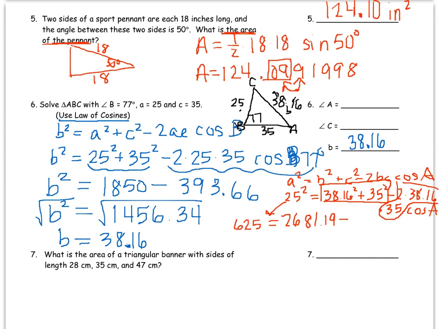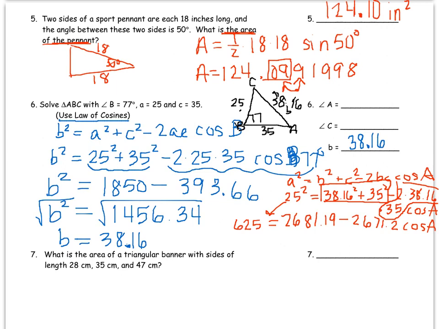That's 2 times 38.16 times 35, and that gives me 2,671.2 times the cosine of A.